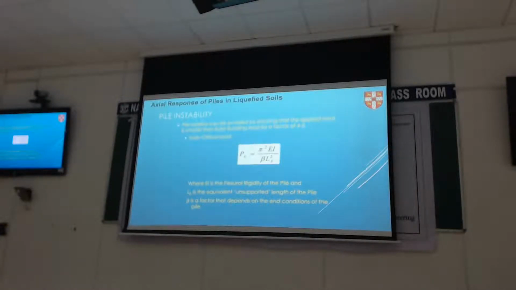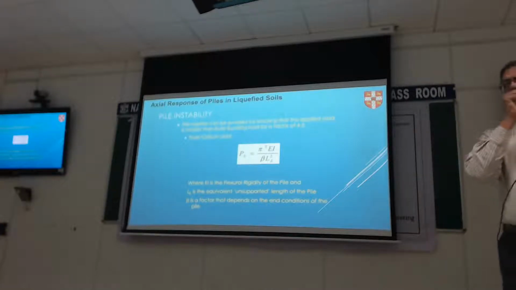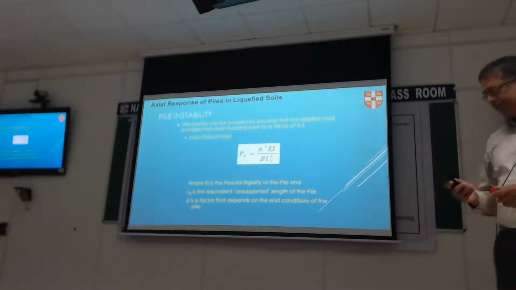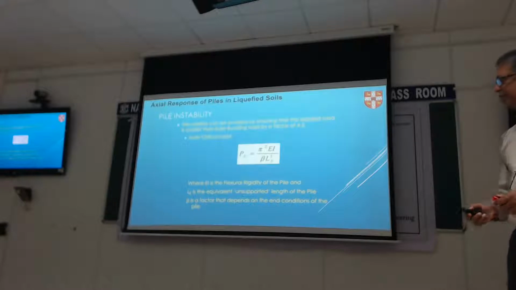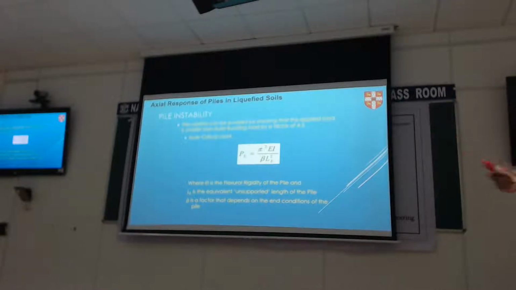Now, EI is the flexural rigidity of the pile. We're quite comfortable with that. And LE, as I said, is the unsupported length. That could be just this bit or a little bit more. Now, the other point is the beta and how we determine that based on the end support conditions.